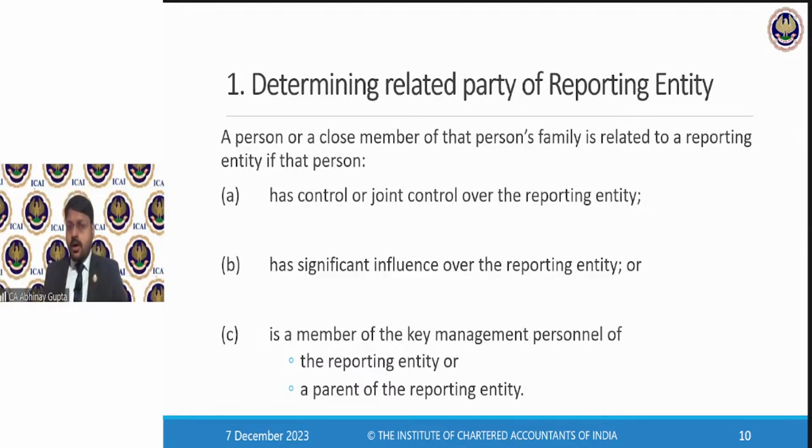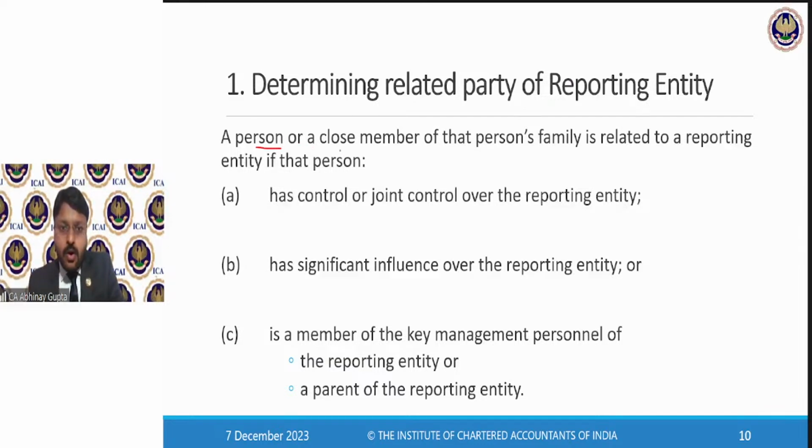If we are not able to identify, basis the facts and circumstances given to us, whether a particular party is a related party or not, then we are not able to say whether disclosures would be required or not, right? So this is the key important thing about this standard. Please listen carefully with full attention.